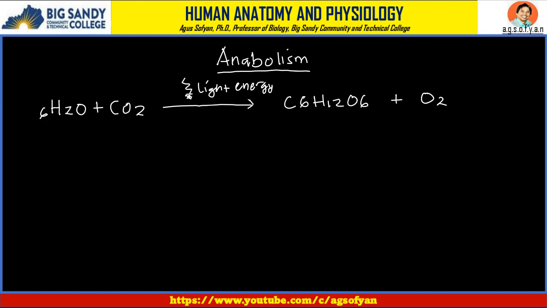Okay, so we have to make this reaction balanced. So the number of atoms on the left side should be the same as the number of atoms on the right side. Okay, so this is anabolism because it uses light, or photo, to perform this reaction.